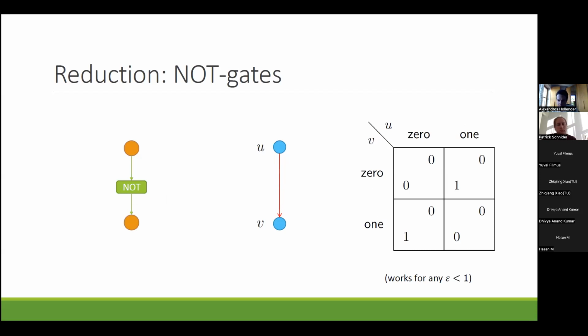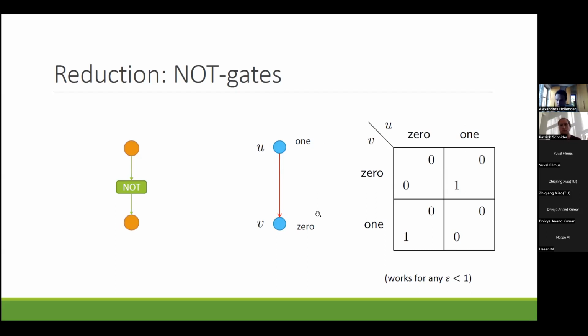What do I mean by that? If the U player plays action 0, then in order for V to best respond, he has to play action 1. Similarly, if U plays action 1, then by analyzing this game, you can easily show that V has to play 0.